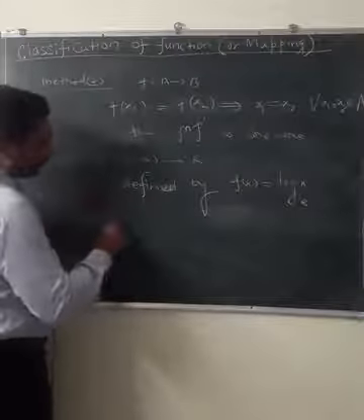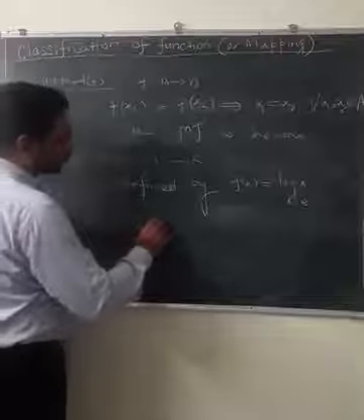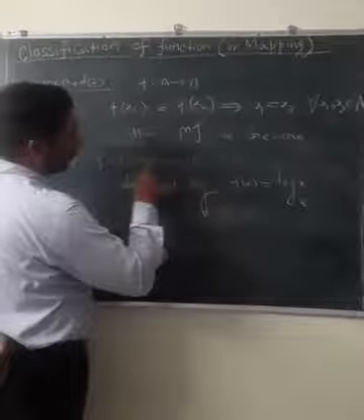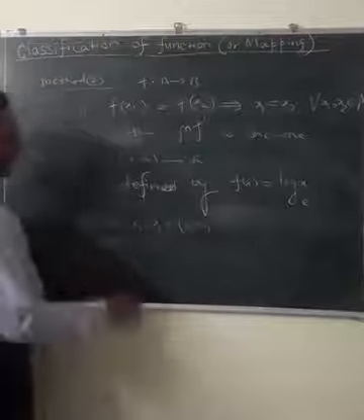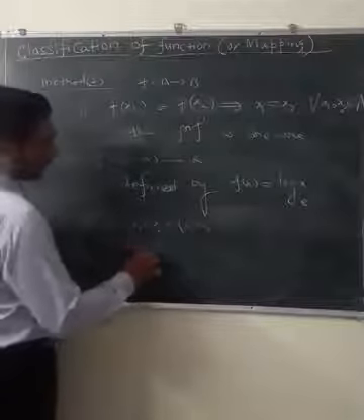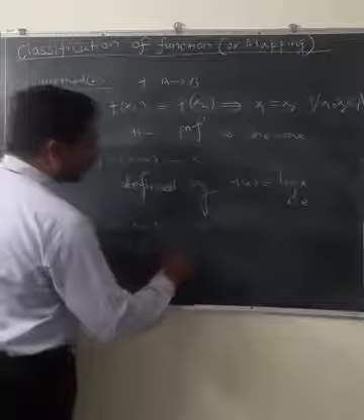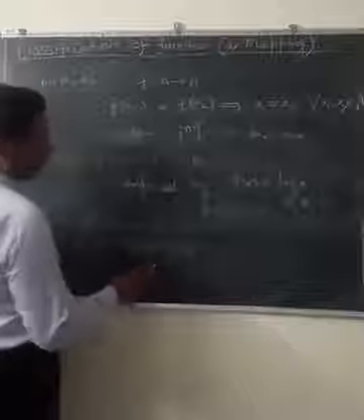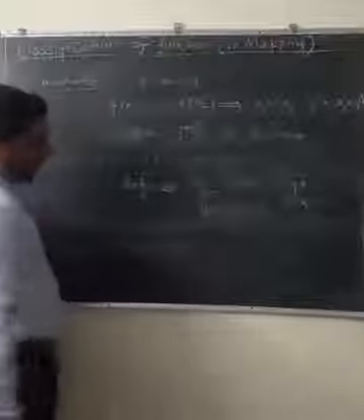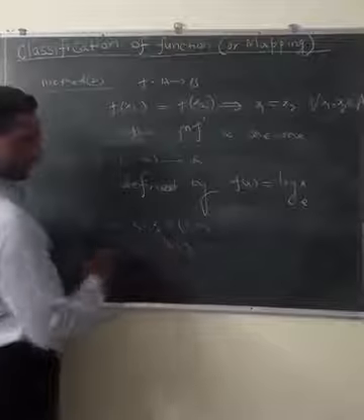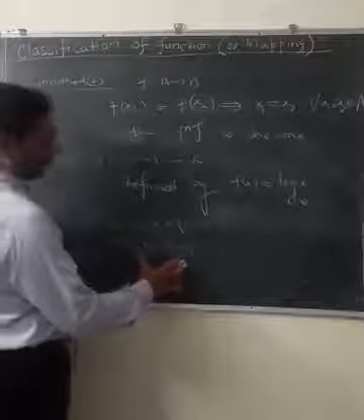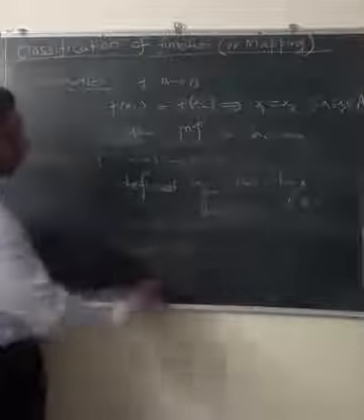Let x1, x2 belong to the domain of the function, and let the function values at both elements be the same. I am equating the function images at these two elements.